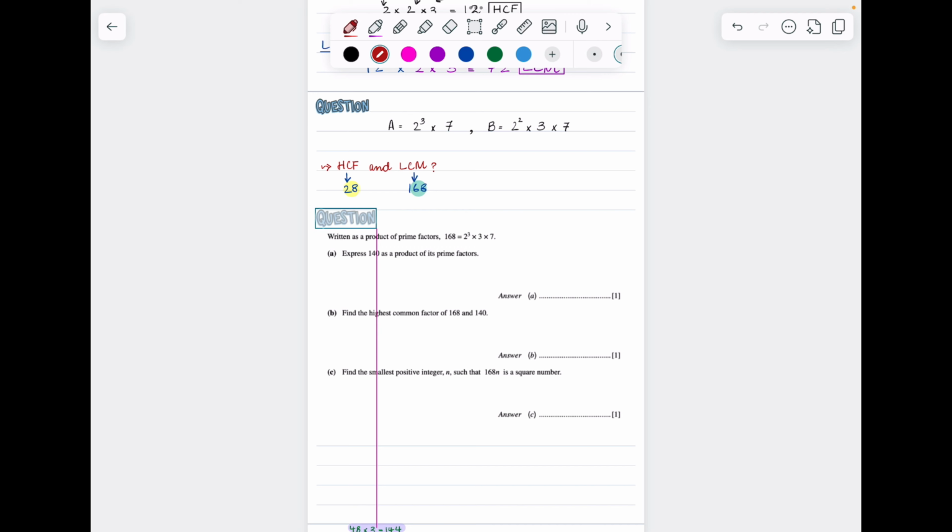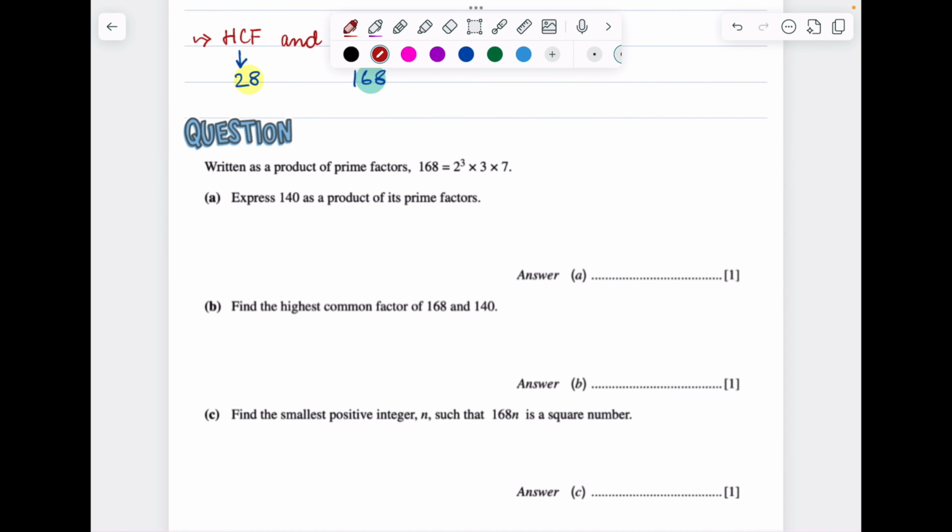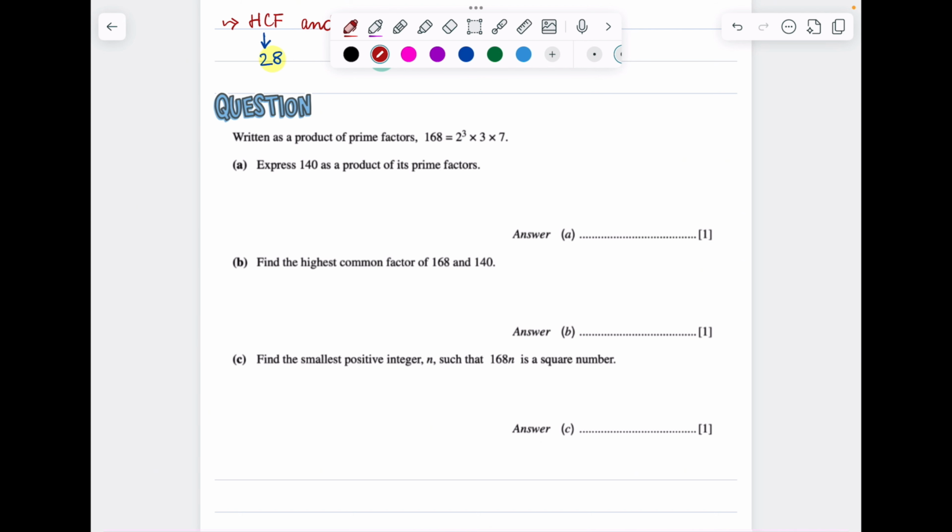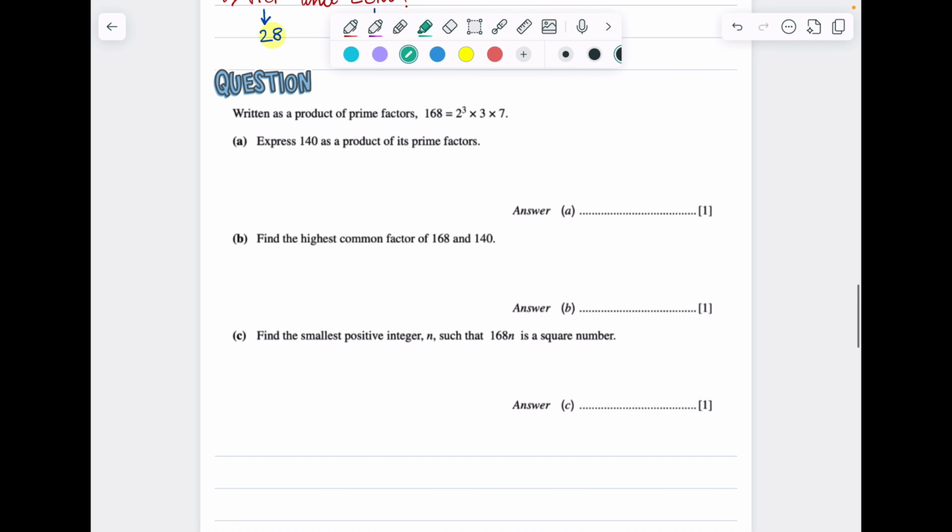The question is: write 168 as a product of its prime numbers. 168 is equal to 2 cube times 3 times 7. Now, since the prime factorization is done, in the A part the first step is to find the prime factors of 140. We'll first simply do that. 140 is going to get divided. I don't have a lot of space, so probably I'll continue on the other side later.